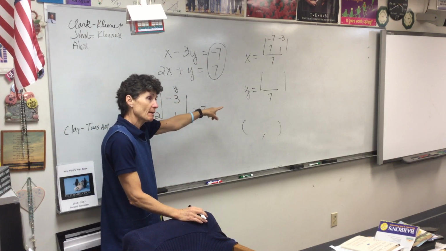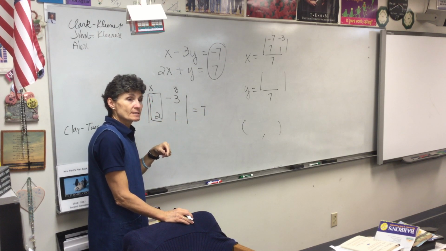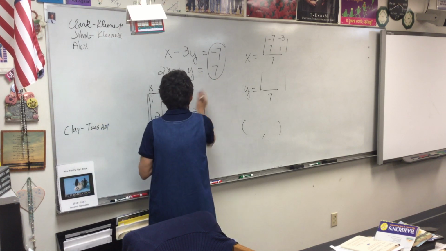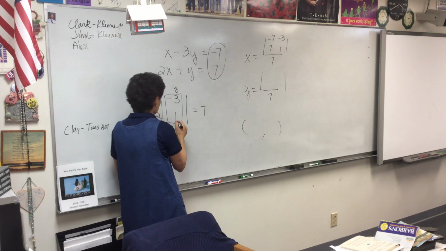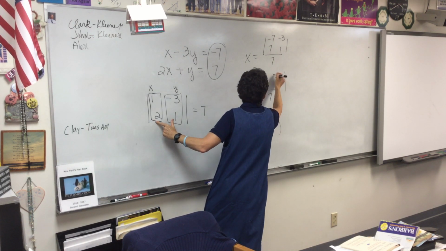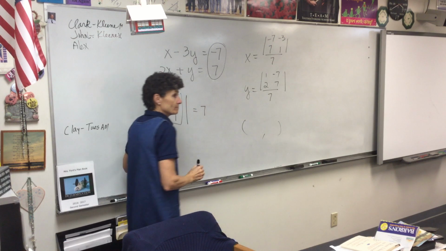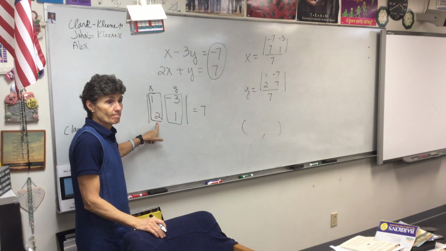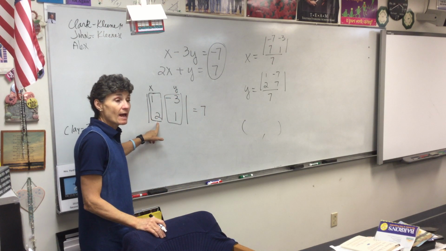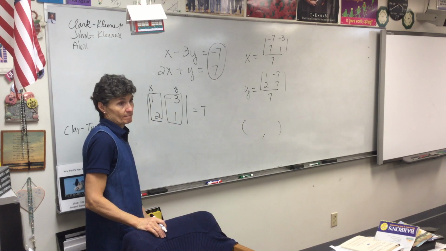Now, how do you think I'm going to set up my y determinant? Same thing, except I'm going to cut these out and paste them here. So I have 1, 2, and -7, 7. Okay, now I'm going to evaluate this.